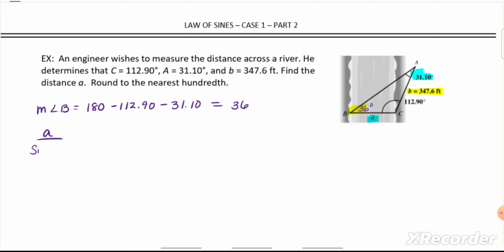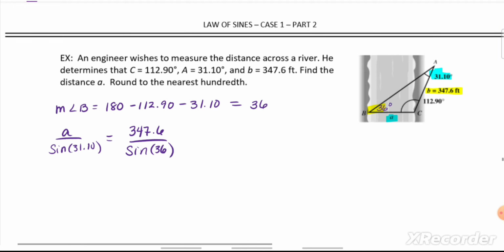Side A over sine of 31.10 is going to be equal to our side B, which is 347.6 over sine of angle B, which is 36.